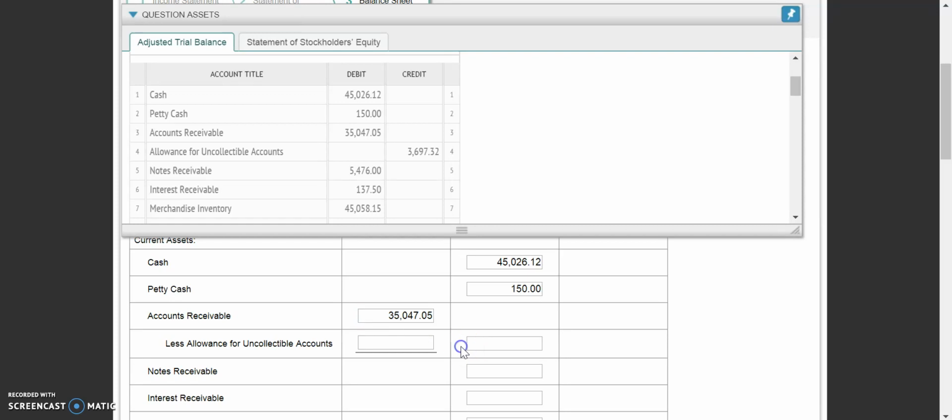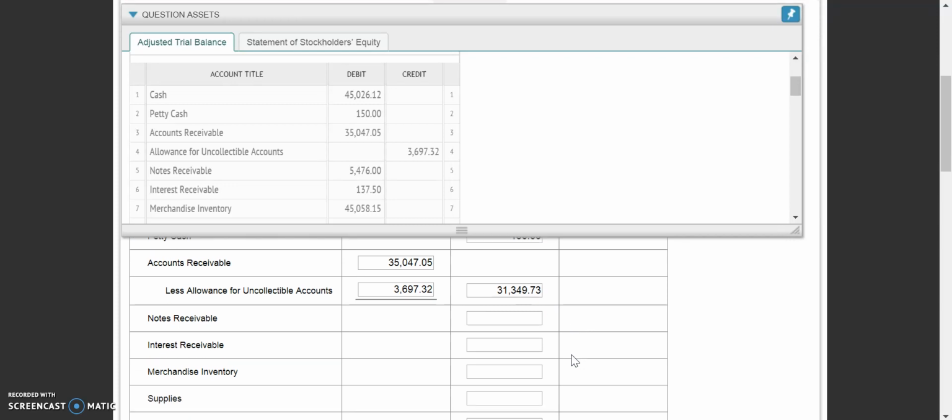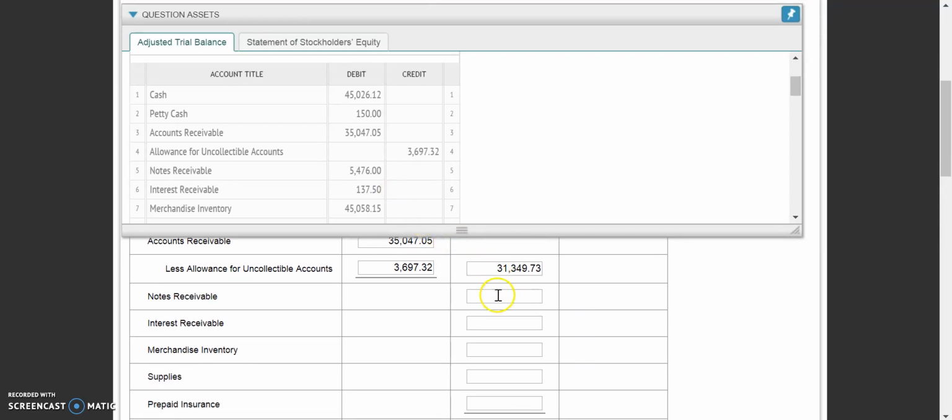And then remember that it also has a contra account, the allowance for uncollectible accounts, which are accounts that we deem to be uncollectible, which is $3,697.32. So to find our up-to-date balance of accounts receivable, we take our balance and subtract out the allowance. And so we end up with $31,349.73.